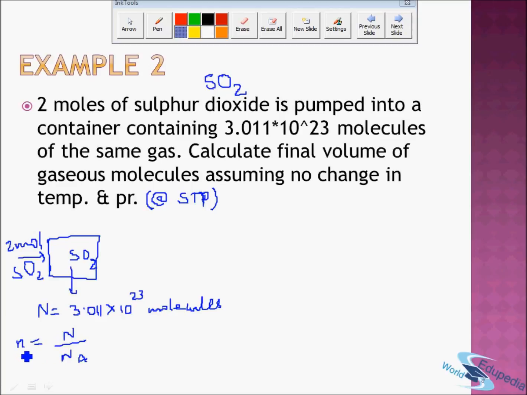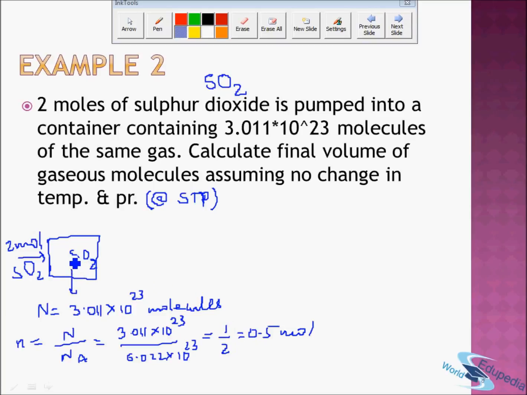So number of moles already present inside the container is this divided by 6.022 into 10 to the power 23. So this comes out to be 1 by 2 or 0.5 mole. Okay, so I have 0.5 mole of SO2 gas already present in the container.